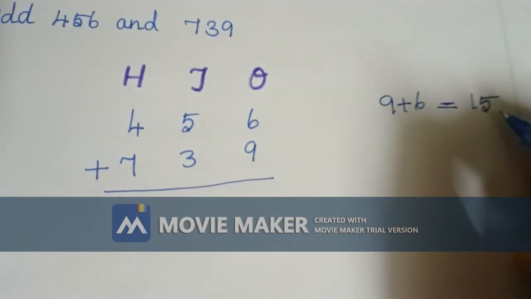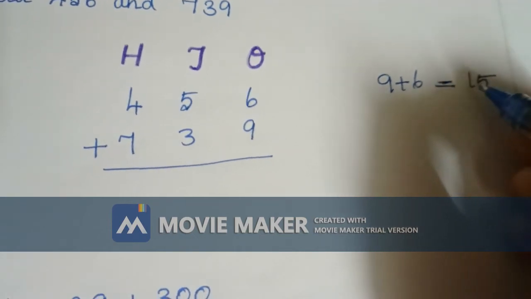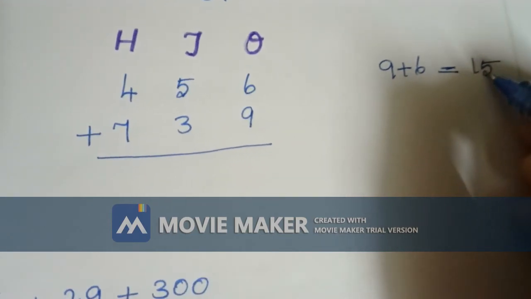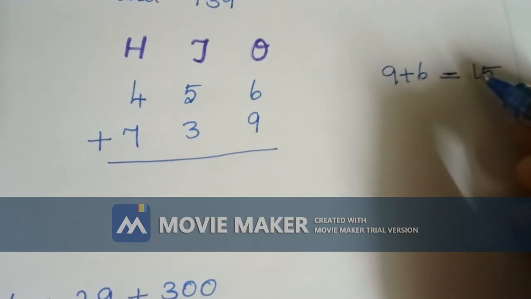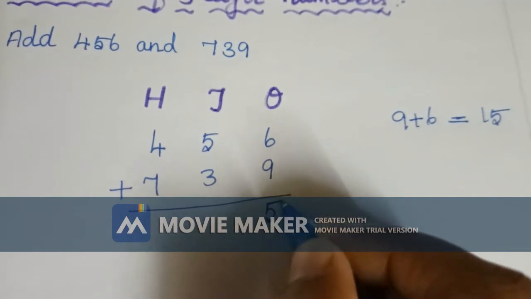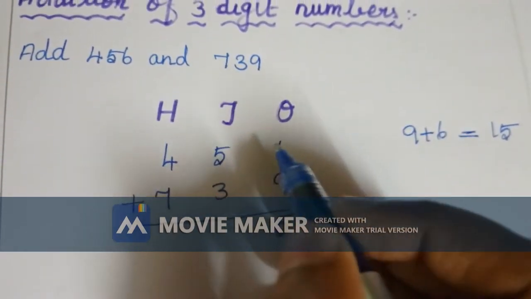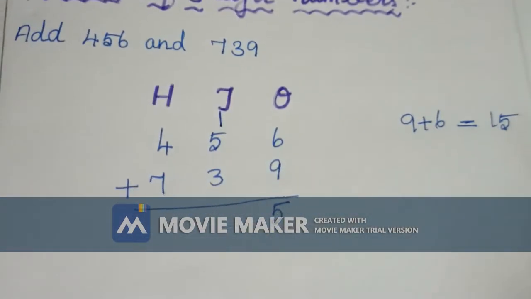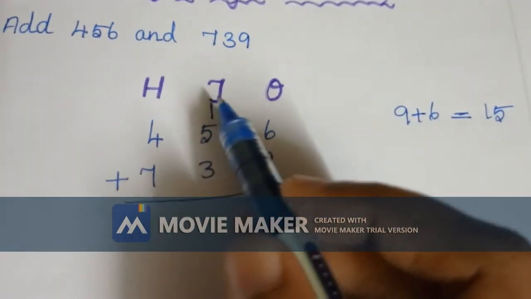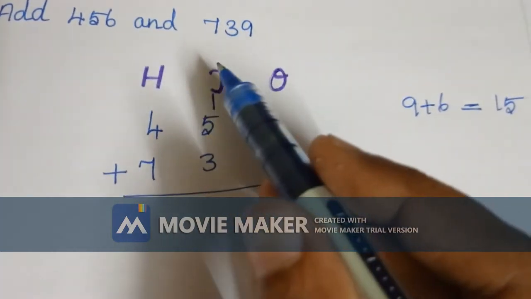That means 15 ones. So we can regroup it as 5 ones and 1 ten. Write 5 in the ones place, and carry over 1 to the tens place.